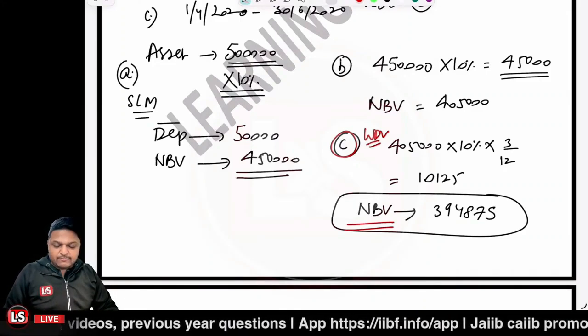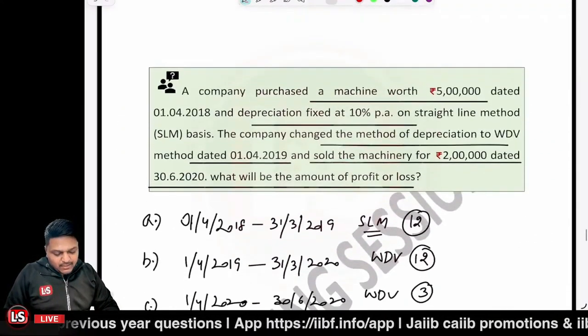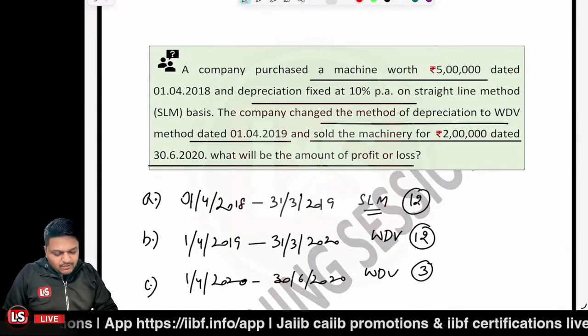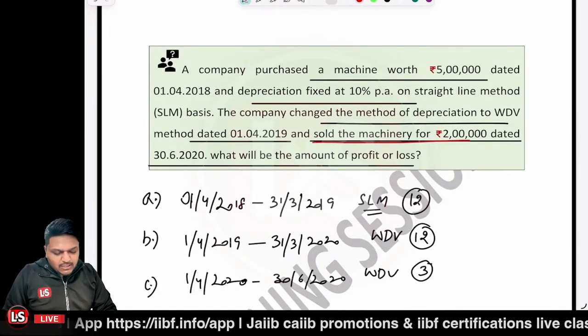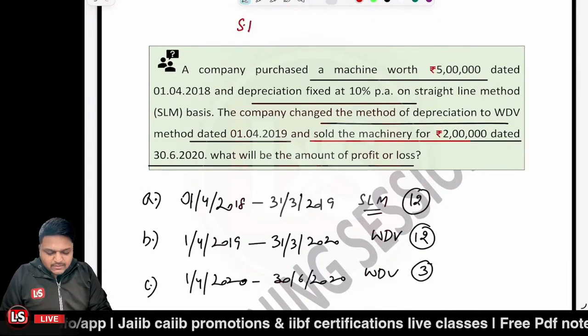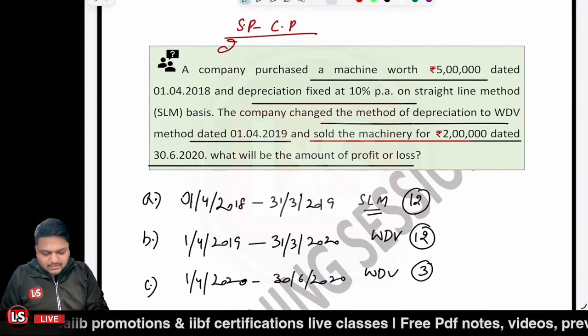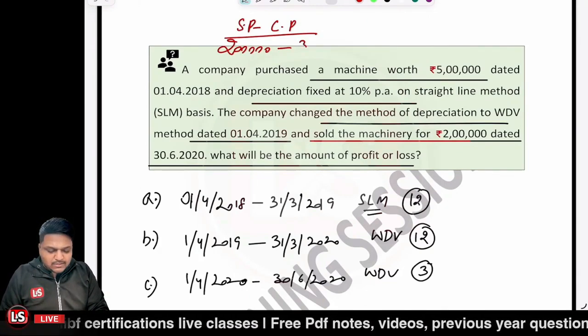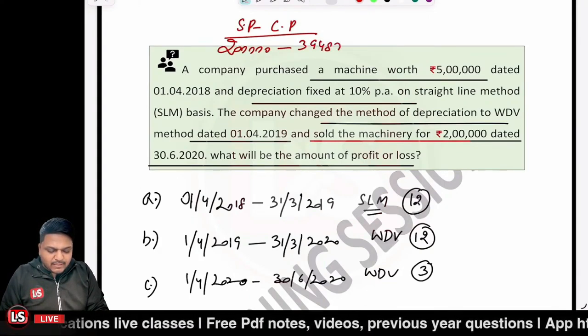Right? 394,875. And here in the question, it's clearly given that we sold the machinery for 2 lakh rupees. So the selling price minus cost price: our selling price is 2 lakh rupees, where we have the book value as 394,875.